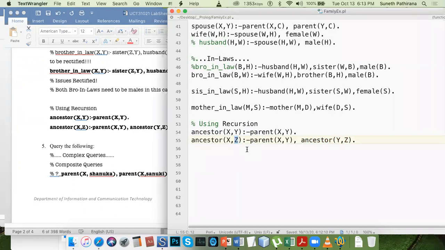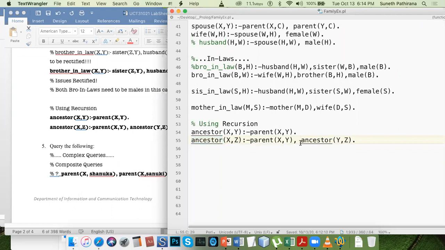Z can be a grandchild of X. Still X is the ancestor who is the superior in our family. Meanwhile, X is a direct parent to Y. So Z is assumed to be the grandchild of this particular ancestor X.